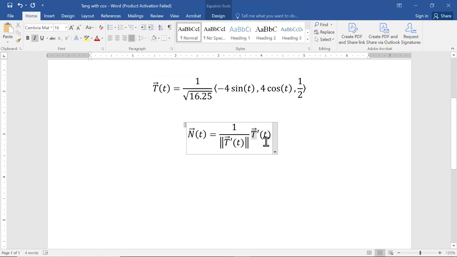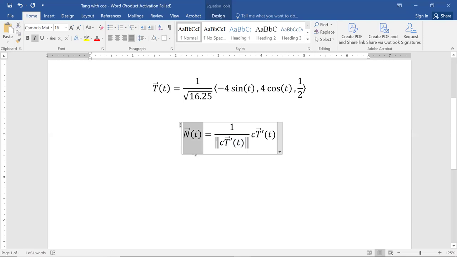Because of the following fact: if I multiply my tangent vector by a real number and then take the derivative, we're going to get the same unit normal vector.